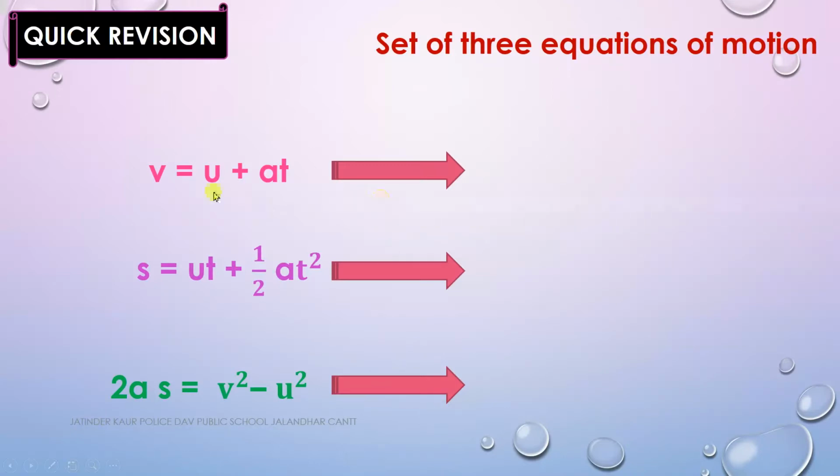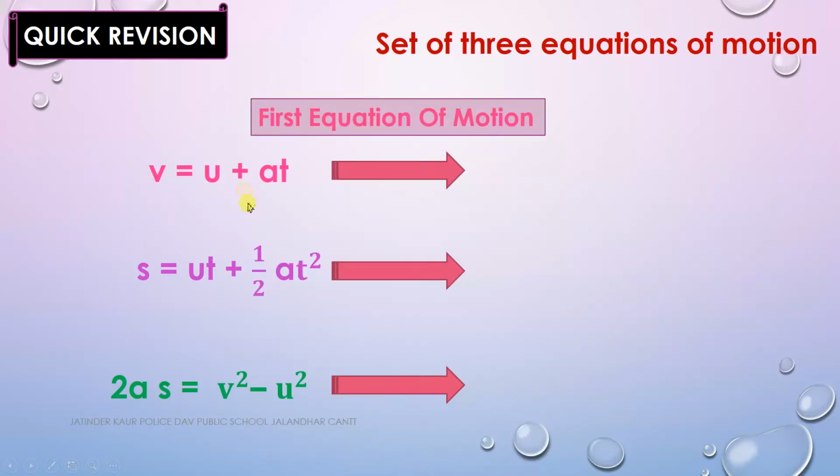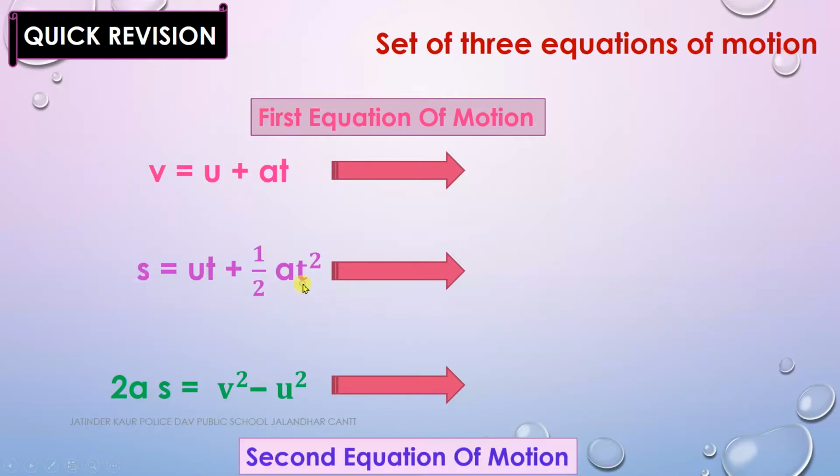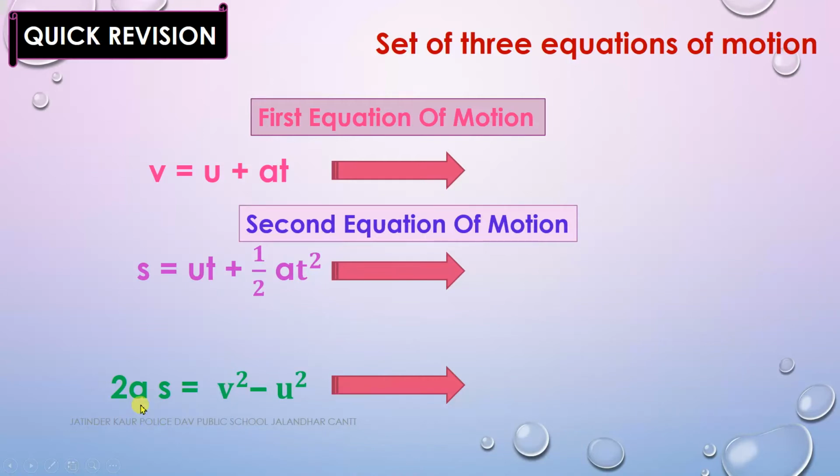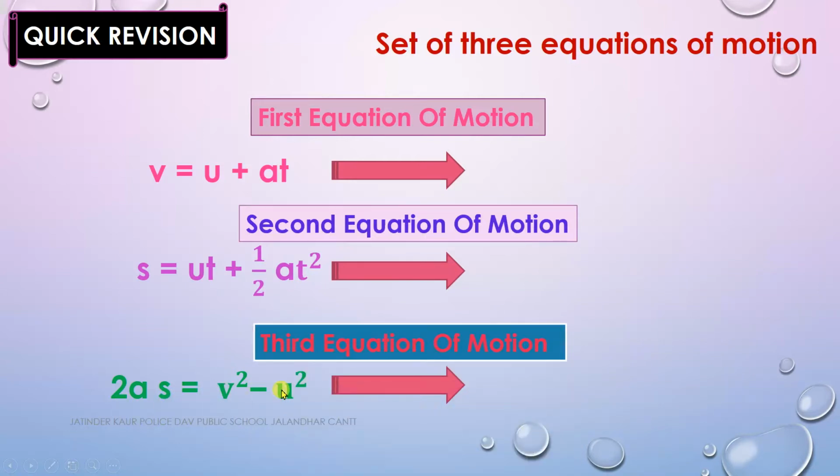So we have the three sets of equations. These are the three equations that we studied in the previous chapters. This was our first equation, s equal to ut plus half at square was our second equation, and 2as equal to v square minus u square was our third equation of motion. Now under the influence of gravitational force, what will be their form? First, it will be v equal to u plus gt.